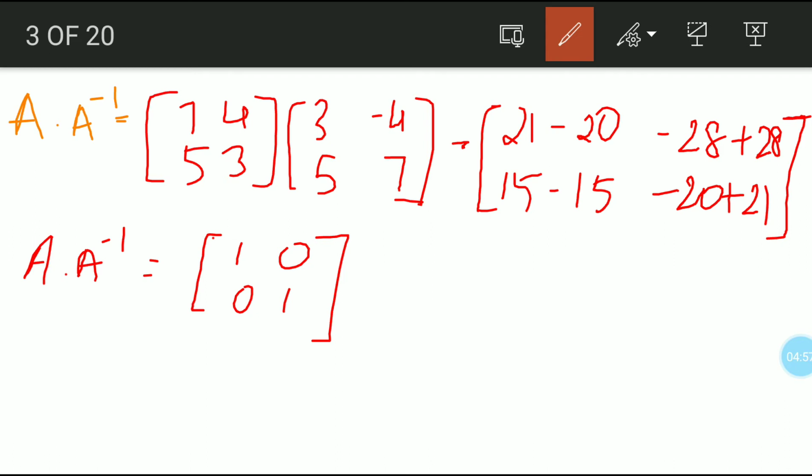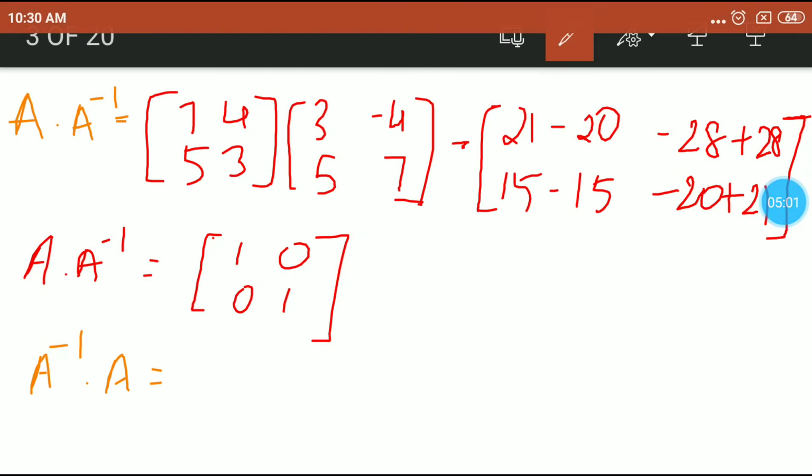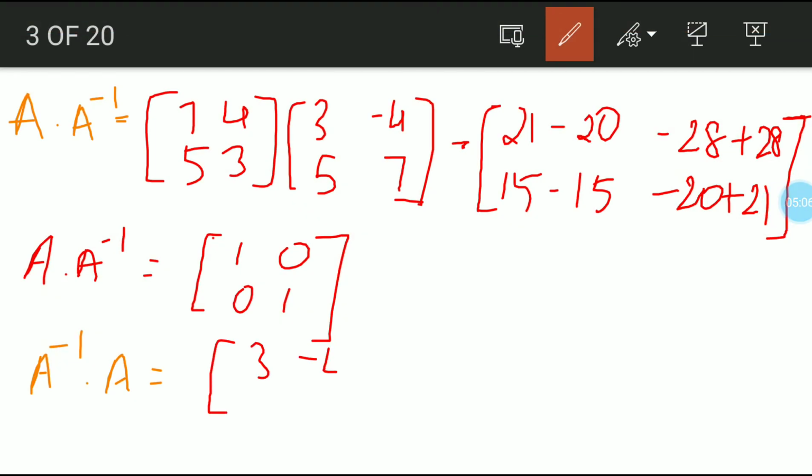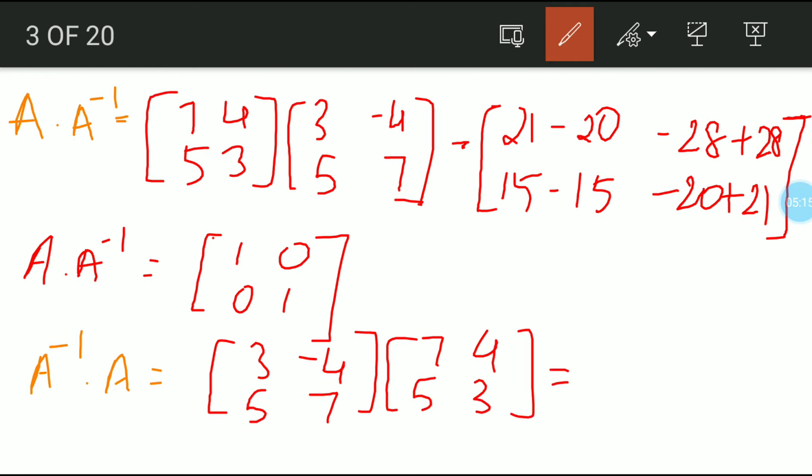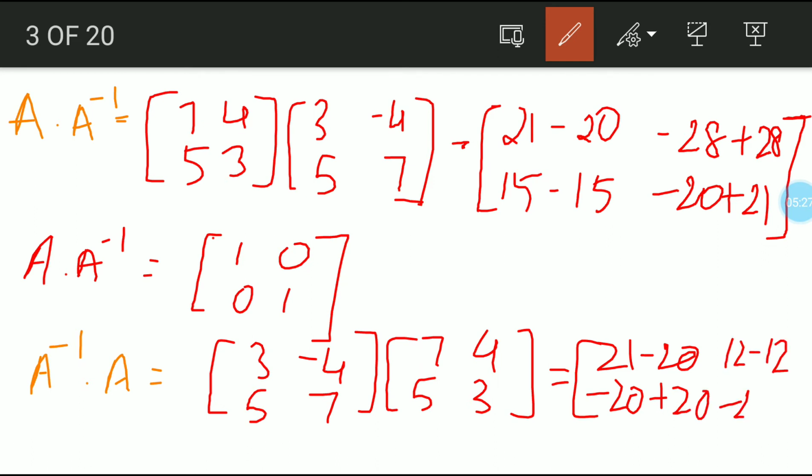Now we have to find A inverse into A. That one would be [3, minus 4; minus 5, 7] into [7, 4; 5, 3], which is equal to 21 minus 20, 12 minus 12, minus 35 plus 35, minus 20 plus 21.